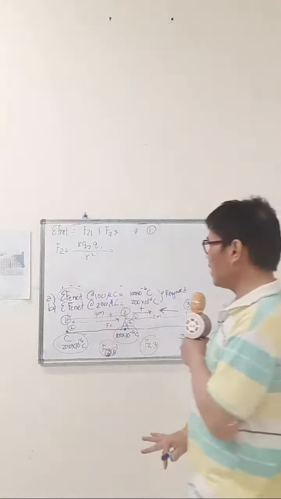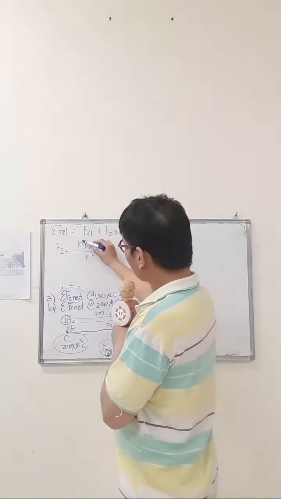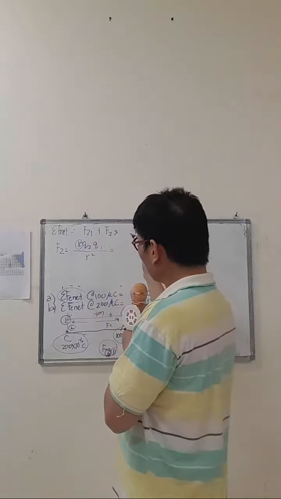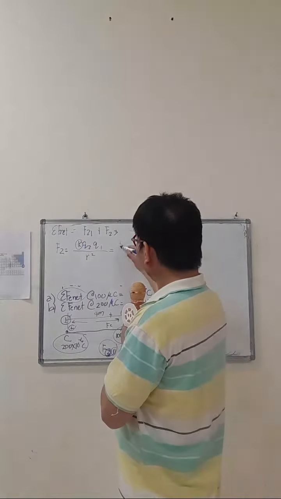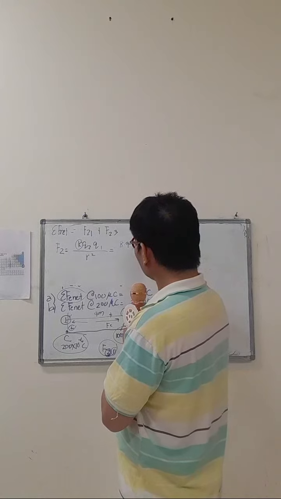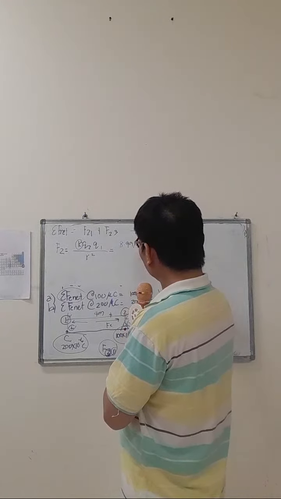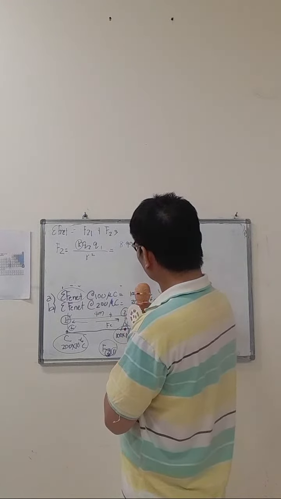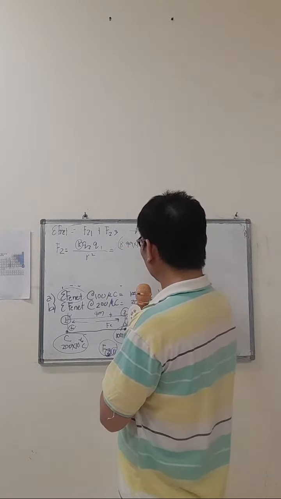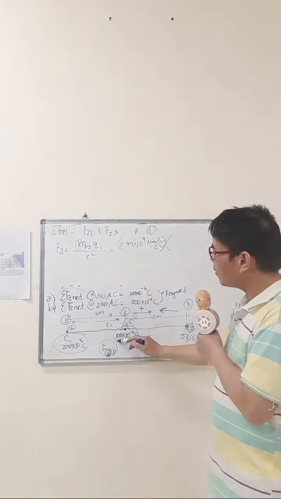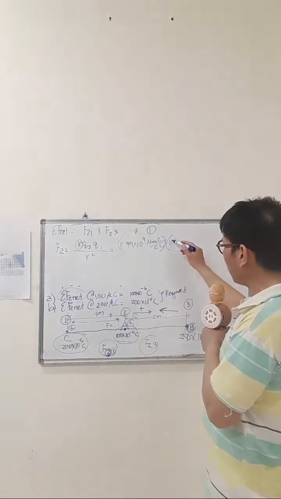It's very clear. And then our constant here, K, is our Coulomb's constant, our electric force constant. So it's going to be 8.99 times 10 to the 9 newton meter squared per coulomb squared. Then multiply to Q2. What is your Q2? 100 times 10 to the negative 6.